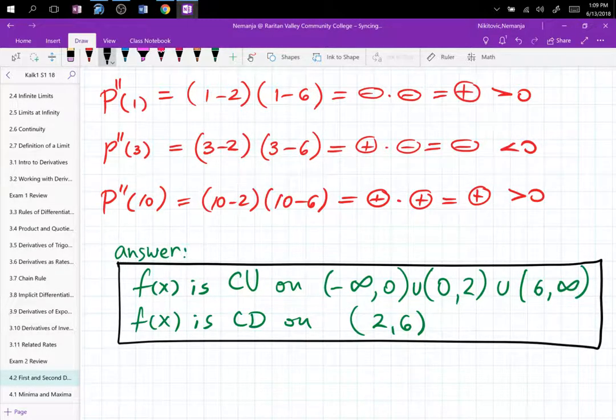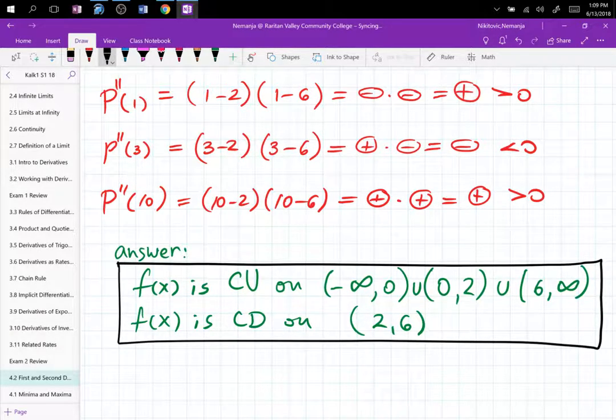In preparation for your next section, which is 4.3, you are going to have this as a part. So after the exam tomorrow, we are going to go through the 13-point problem.